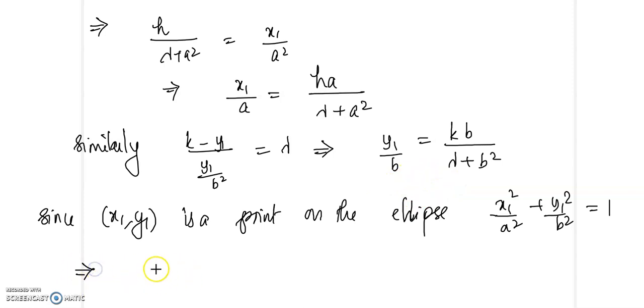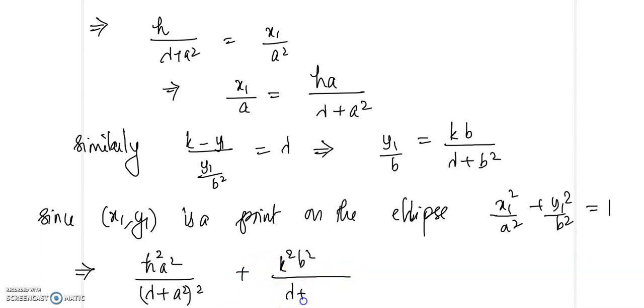So that implies h square a square by lambda plus a square the whole square, plus k square b square by lambda plus b square whole square, will be equal to 1.